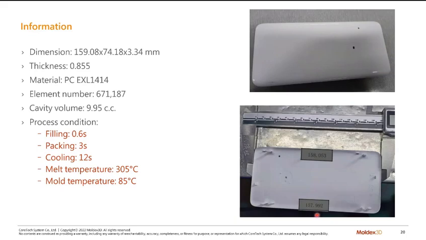Right now it is 0.15 millimeters. Here is the basic information of this part. The material is PC, and the thickness is quite small, around 0.85 millimeters. Here you can see the basic process conditions.